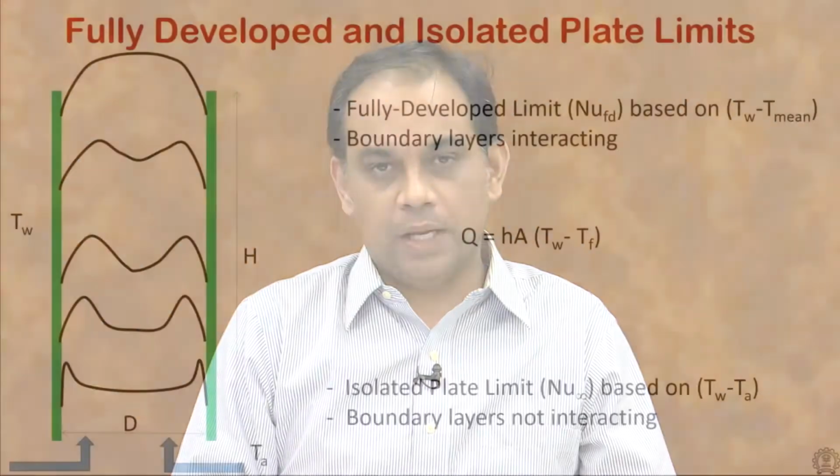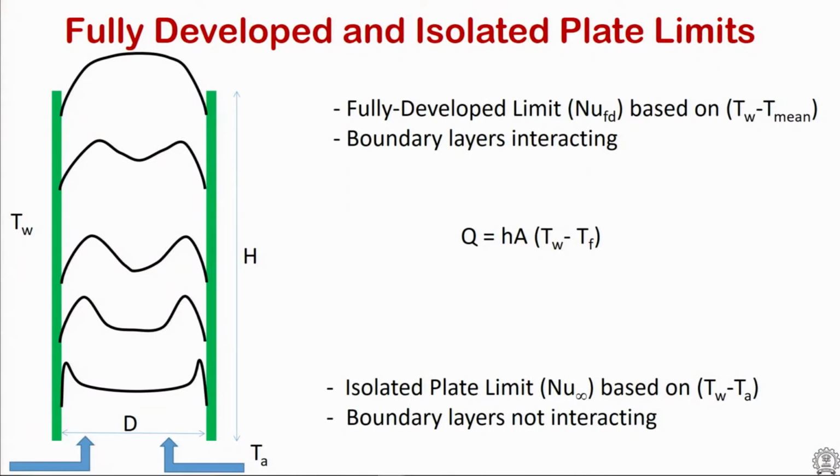So moving on to the next slide, there are two limiting behaviors in a PCB type situation, where you have two parallel plates, in this case mimicking a PCB, and there is induction of flow from the bottom, and the flow due to natural convection rises up due to density difference, as you may have heard from the previous modules.